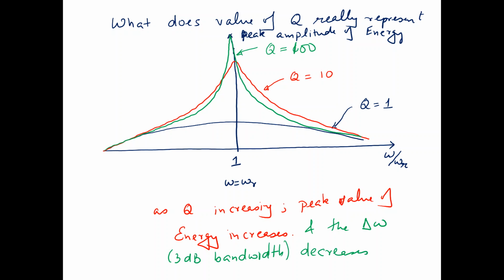So if I look at the 3 dB bandwidth, I go to the peak and I go to half of the peak and I measure delta W. With respect to Q is equal to 10, I pick up the peak, I go to half of the peak, delta W, versus over here where delta W would be something like that. So the bandwidth of this resonance function keeps on decreasing the larger the value of Q.